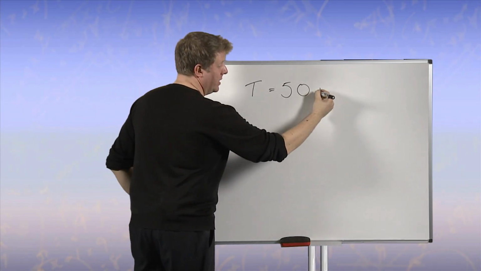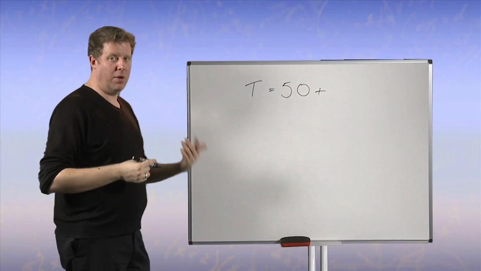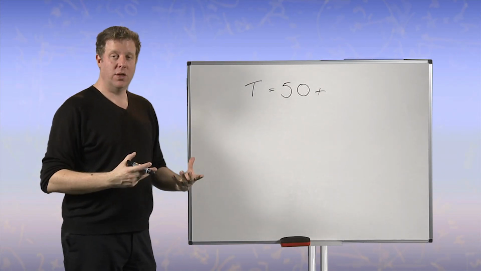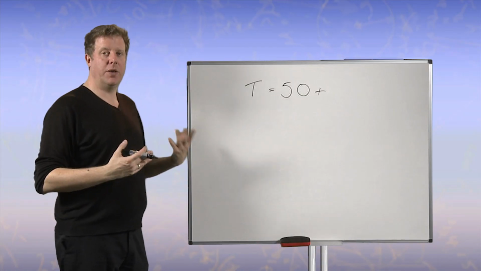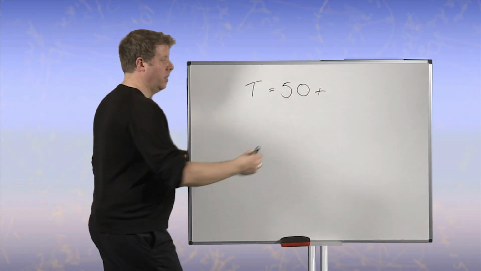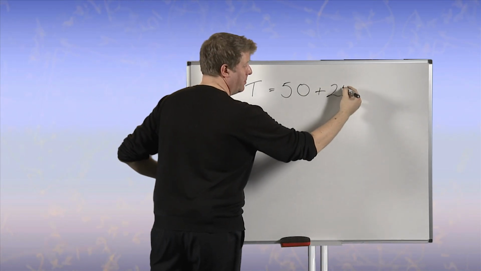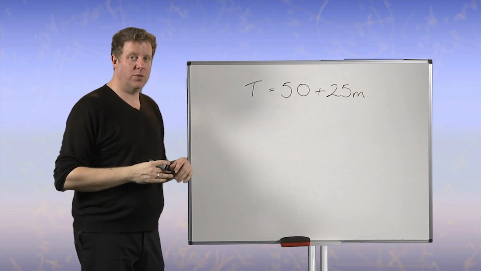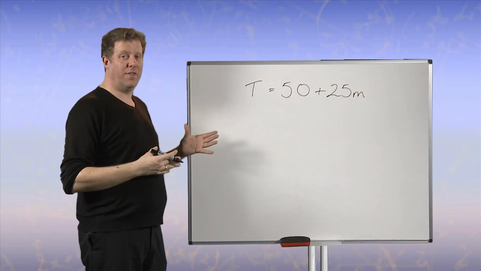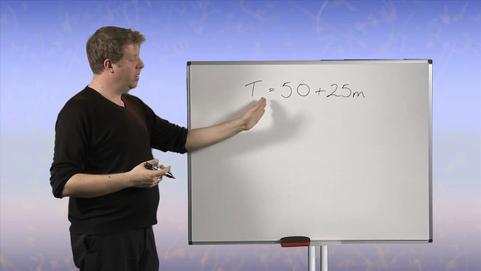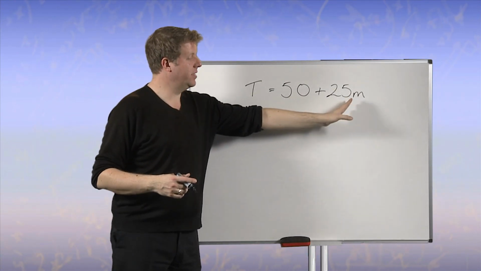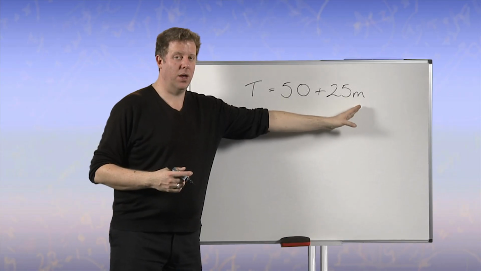And remember, it's 25 pence for every mile. So in order to work out that part, we'd multiply the number of miles by 25 pence. Because it's a formula, we write that as being 25m, where m represents miles. So that would be our formula. The total cost equals 50 pence plus 25 pence for each extra mile.